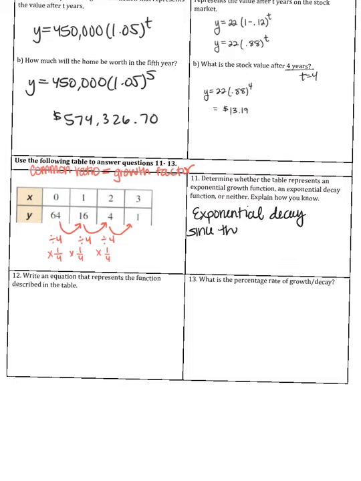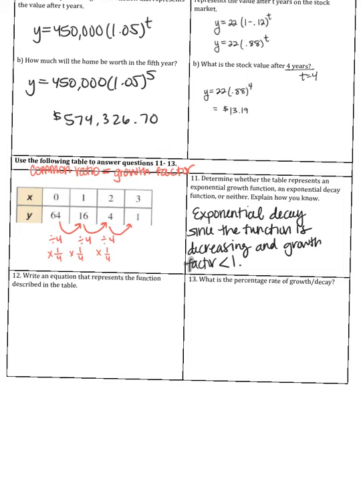Since the function is decreasing, and my growth factor, or actually I'm going to say, you can say common ratio or growth factor, is less than 1.